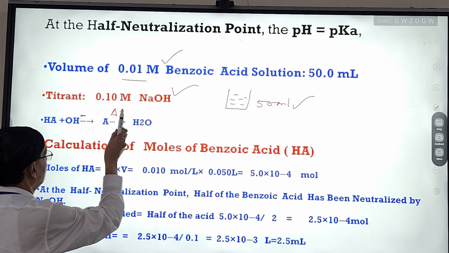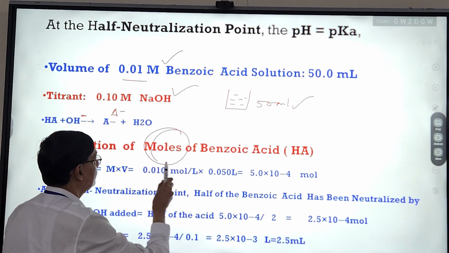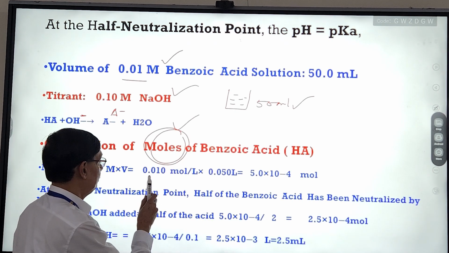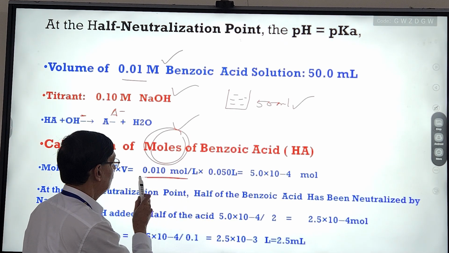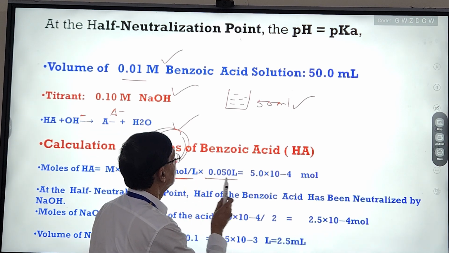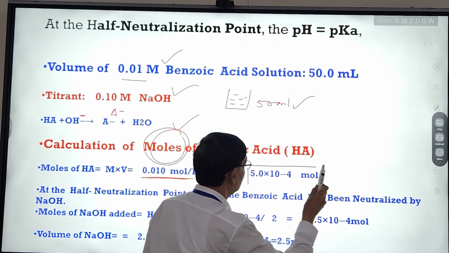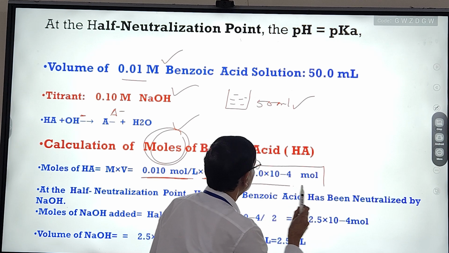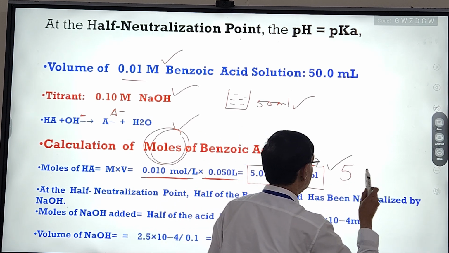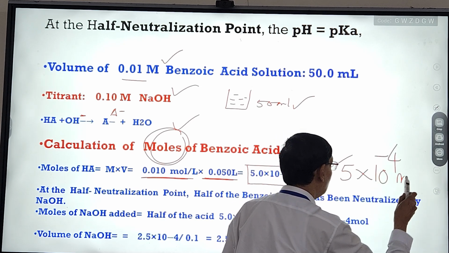So the calculation of the moles of benzoic acid, you all know, is very simple. As I have already told you, this is 0.01 moles per liter, and this is 50 divided by 1000 liter. So what is our concentration? Moles: 5 into 10 to the power minus 4 mole.